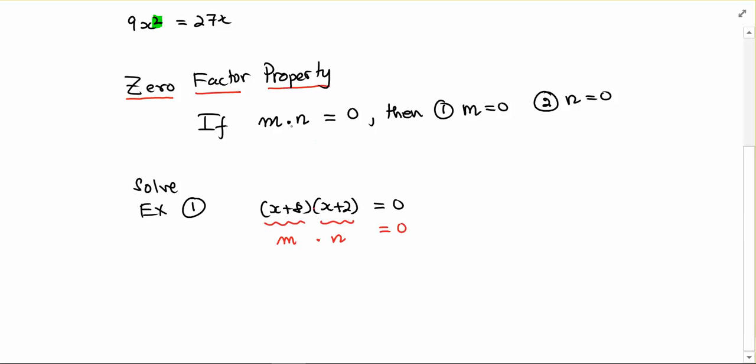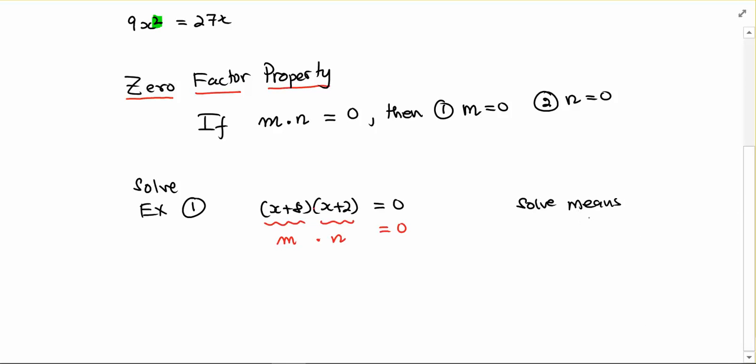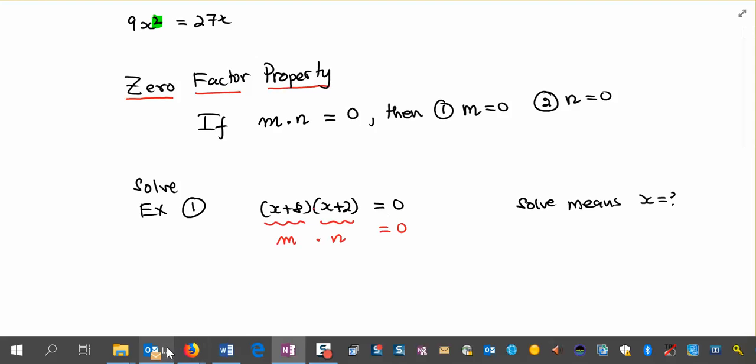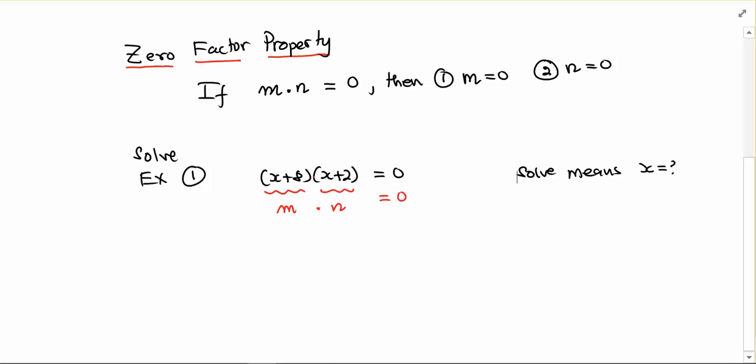So it matches the if part of our property. Now solve, of course, means that you want to find x. Okay, that you want to find x. So we can see if this property would help us achieve that.